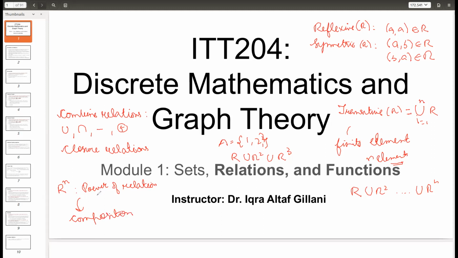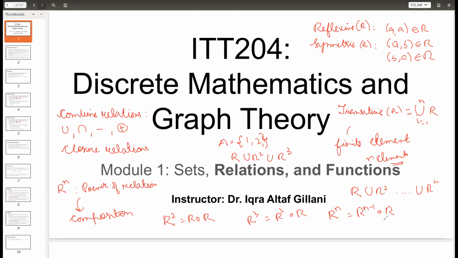The power of sets is found using Cartesian product; the power of relations is found using composition. That means if I want to find the relation R square, I can find it as R composition R. Similarly, if I want to find R cube, I will find R square composition R. And in general, R n can be found as R n minus 1 composition R. So the power of relations can be found using composition of relations.